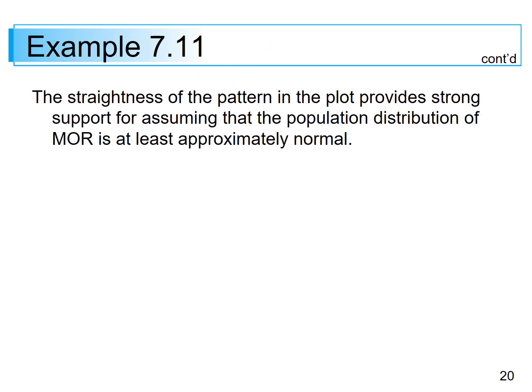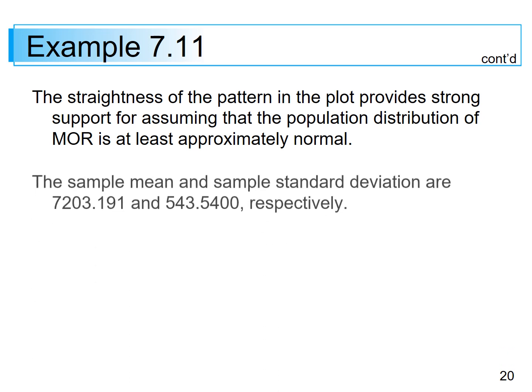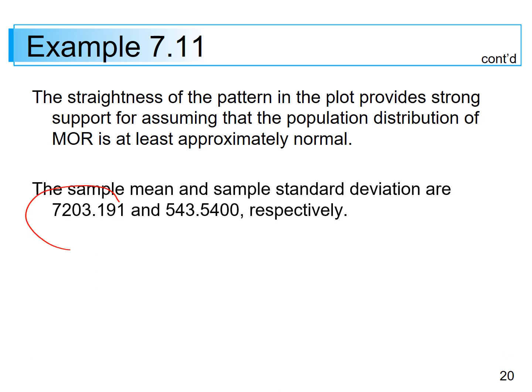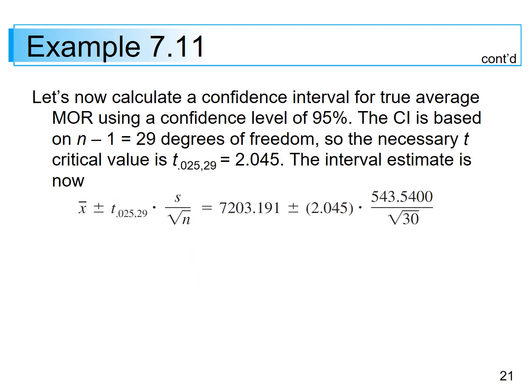What else do we know? We know that the sample mean is 7,203. Sample standard deviation is about 544. Do you think there's a lot of variability in the sample? Sample standard deviation is pretty high. So now we construct a confidence interval for the true average modulus of rupture.